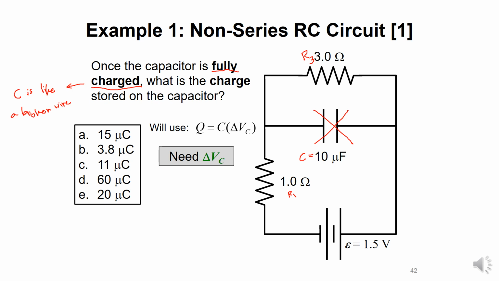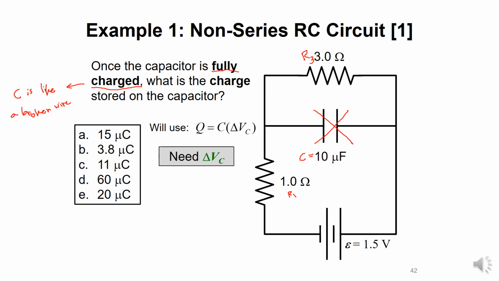We want to find the delta V across the capacitor. Once we find the capacitor voltage, we can multiply by the capacitance to get the charge. So we want the C and the delta V_C in order to calculate the Q in the capacitor.